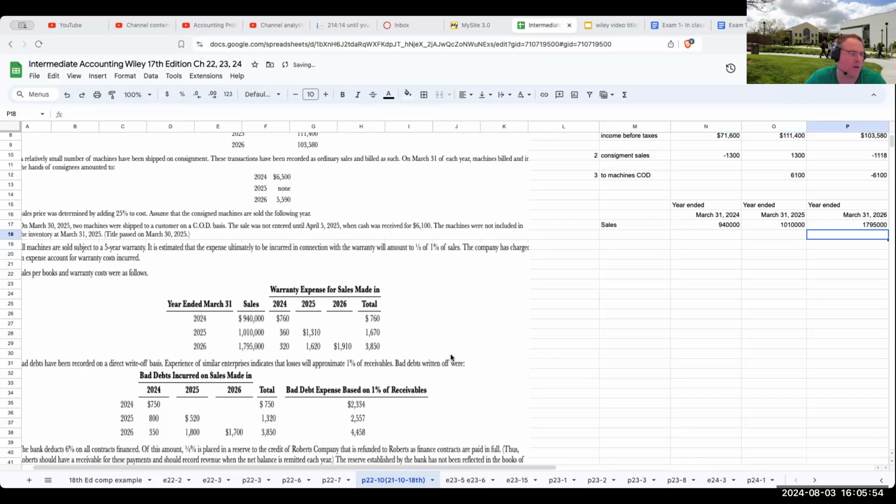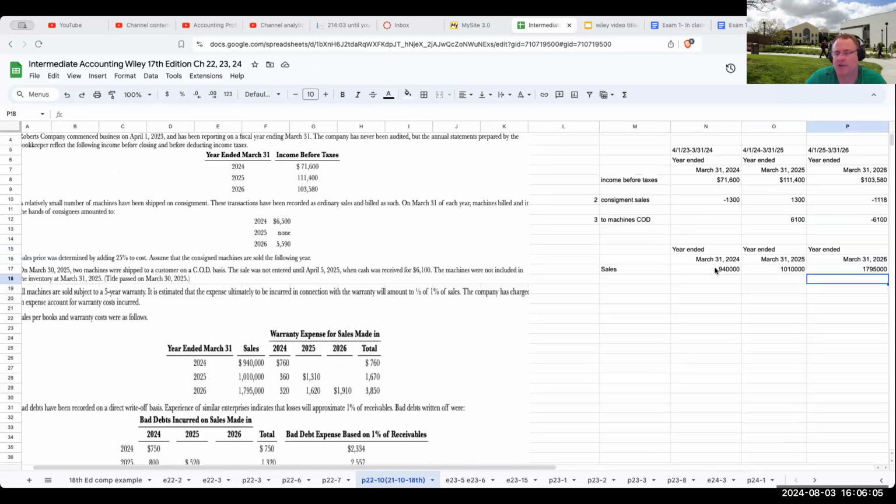So the first thing we need to do is make some corrections here, before we start multiplying percentages. We need to figure out, well, what is our true sales number?